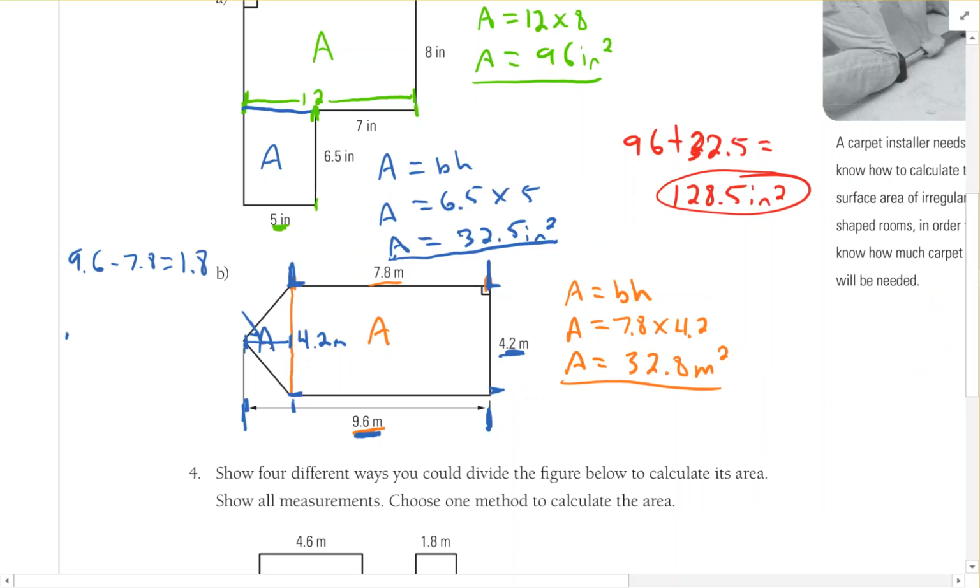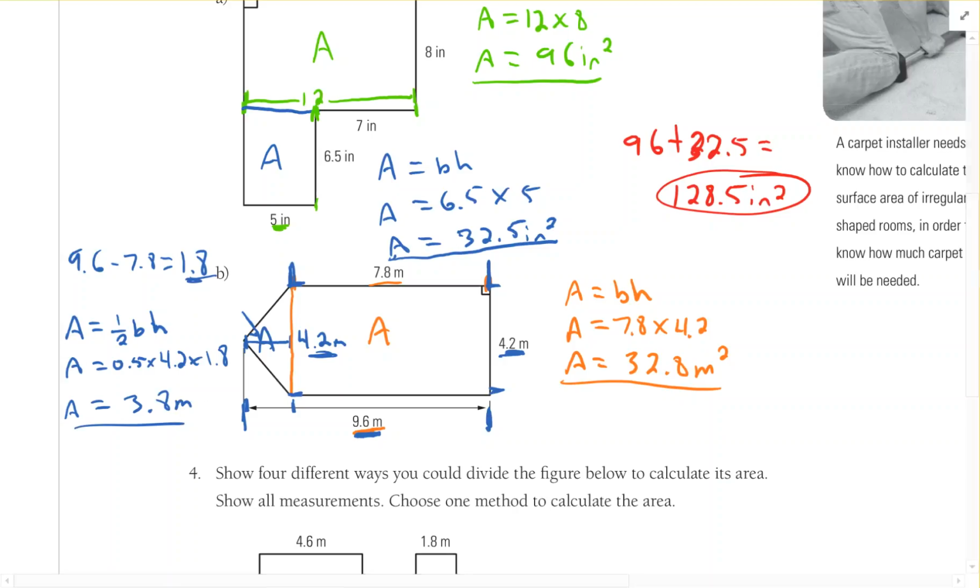Okay, so now my area for a triangle is 1/2 base times height. So the area is going to be equal to 0.5 times the base, we said was 4.2, times the height we just figured out was 1.8. So the area is going to be equal to 3.8 meters. Okay, last thing to do, we just need to add those together.